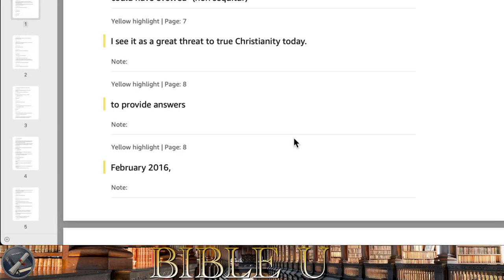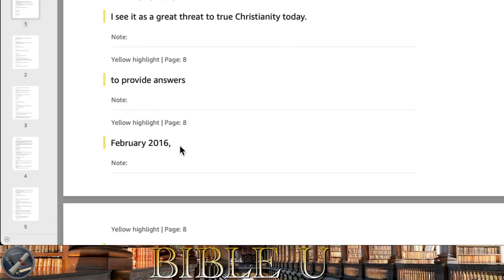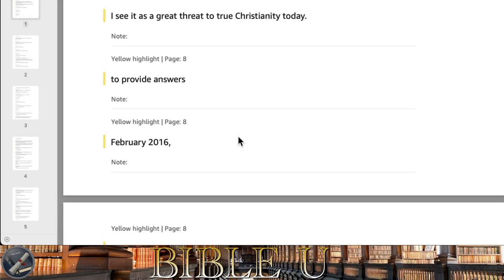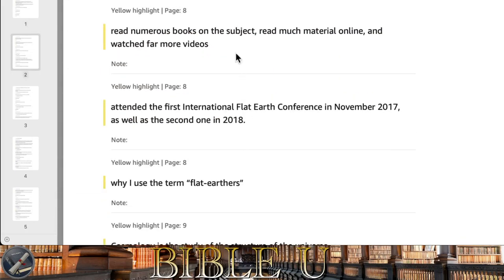He goes on to say that February 2016 is when he first learned of flat Earth, or at least the modern movement of it. He says he has conducted an extensive study of this, what he calls a phenomenon, and then he has read numerous books on the subject and read material online and watched many videos.